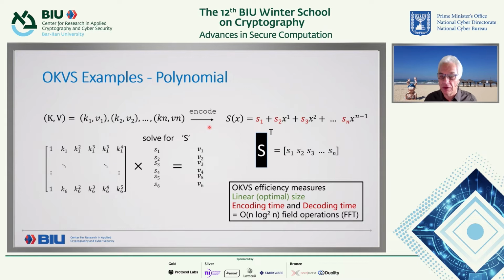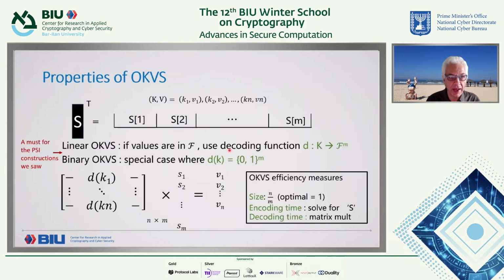You're just going to see a random polynomial. And the nice property is that when you see a polynomial, you don't know which keys were used to interpolate it. The values are random, so this doesn't give you any information about the keys I used. So this is an Oblivious key value store. I would like to use Oblivious key value stores, but more efficient. So let me go back.